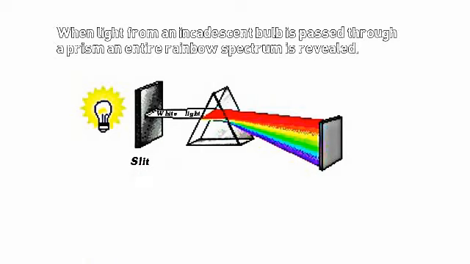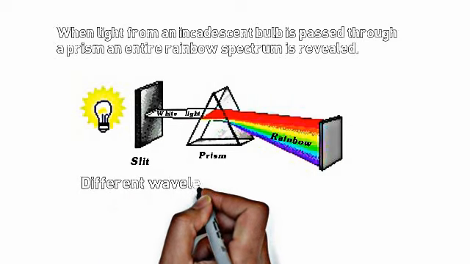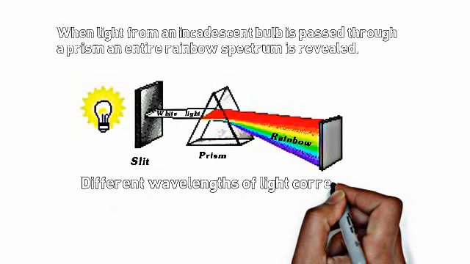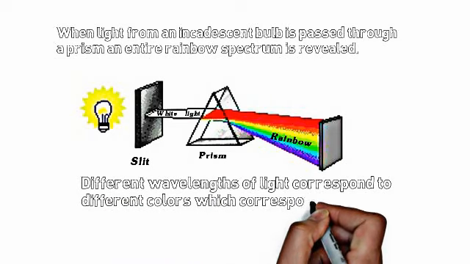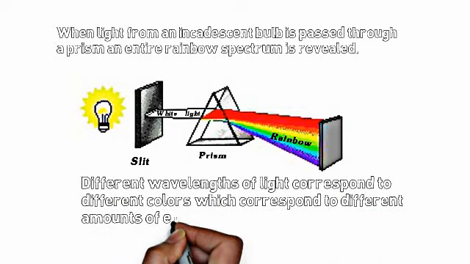Different wavelengths give off different colors of light, which correspond to different amounts of energy. Red being really low energy, and blue, violet being really high energy, visible light. So you look at the spectrum and you can see a complete rainbow.